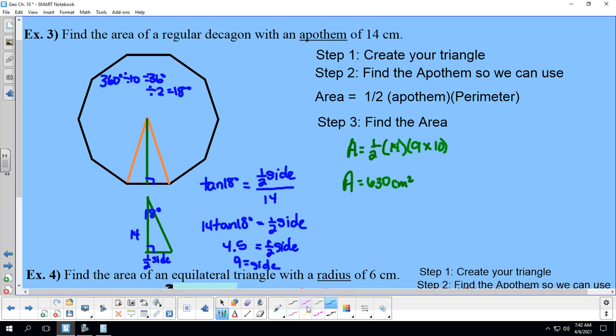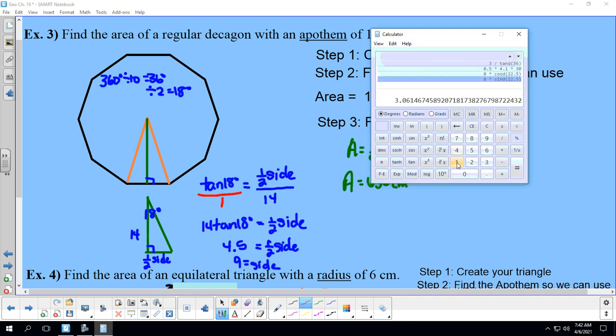We put in our 14 over 1, and then we cross multiply. Half of our side times 1 is just half of our side, equals tangent 18 times 14. So we throw that into our calculator. 14 times tangent of 18.